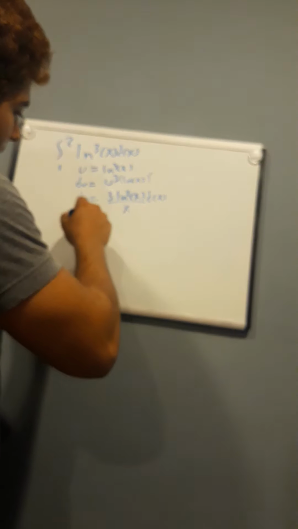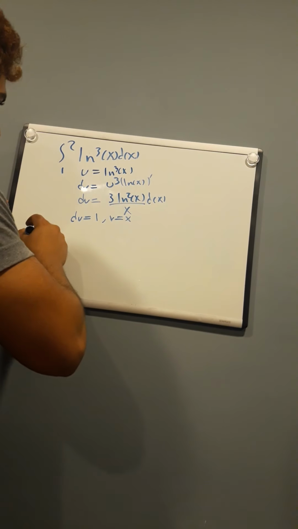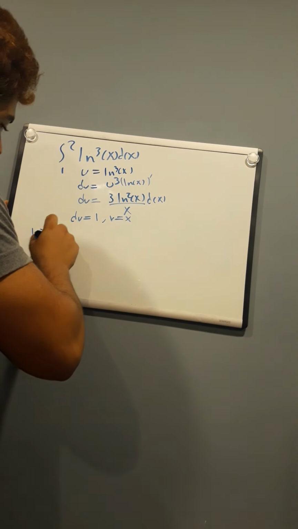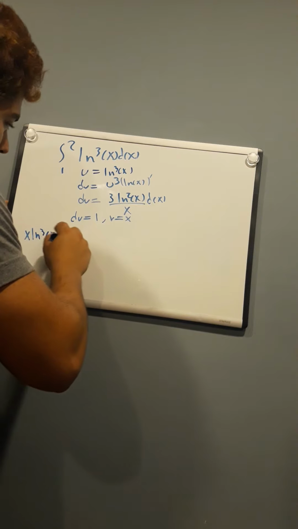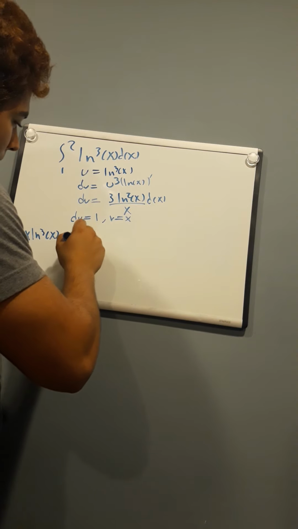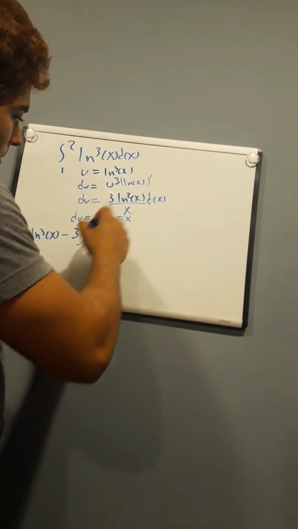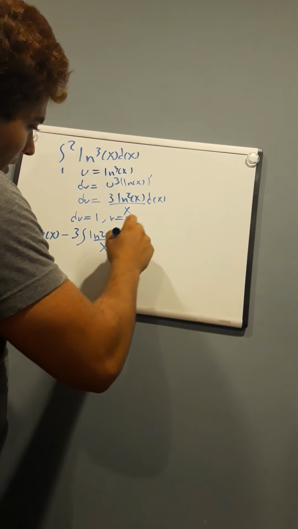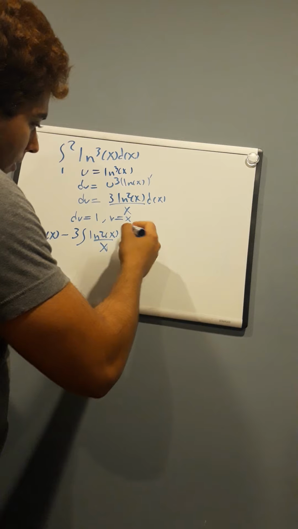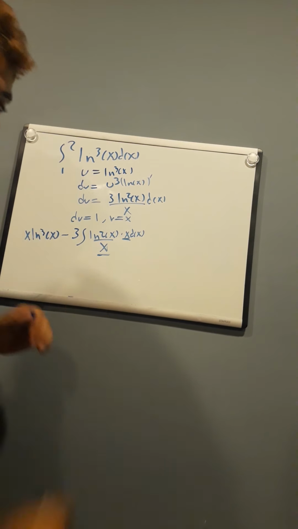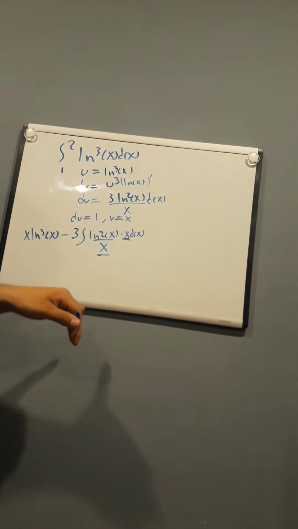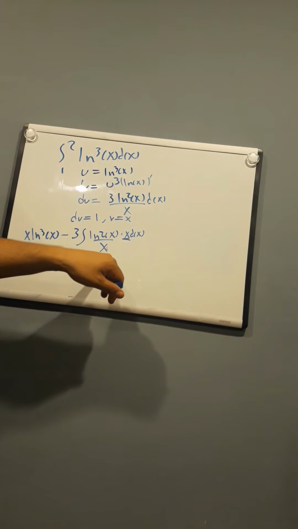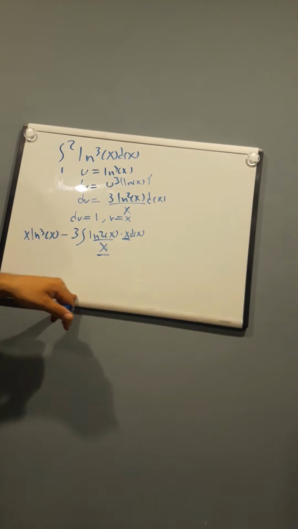We're going to be doing a lot of integration by parts here. So ln cubed x times x minus 3, multiply these two together, ln squared x all over x times x dx simplifies. See that right there? So you see, you can also think about using u's and v's in potential simplification.